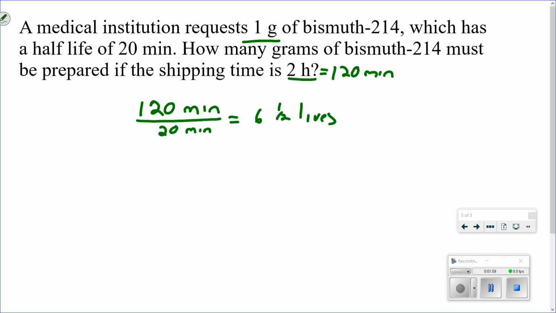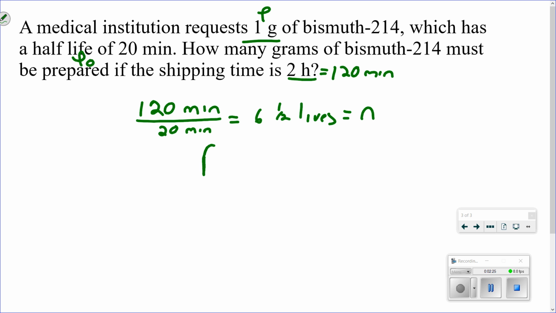Now they want 1 gram at whatever medical facility this is, and so we want to figure out how much bismuth we need to start with. So 1 gram is going to be my final amount, and what I want to find is how much needs to be prepared, so that's going to be my initial amount. And I know my number of half-lives is 6.